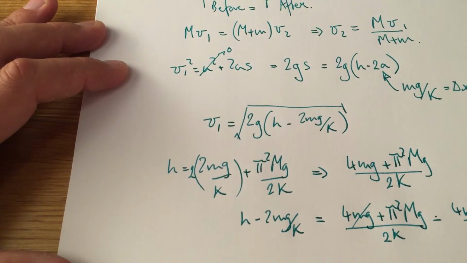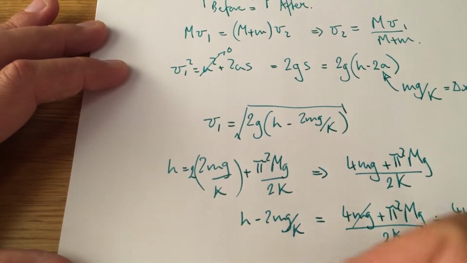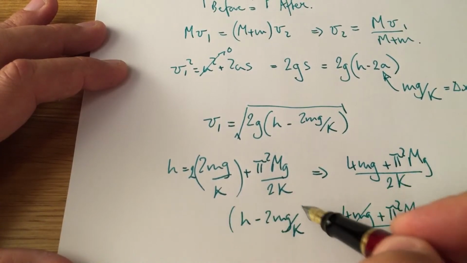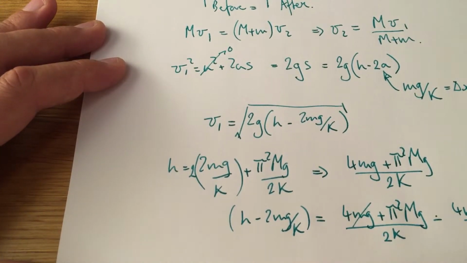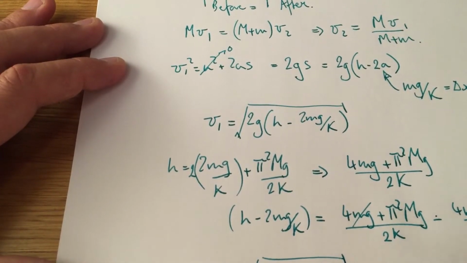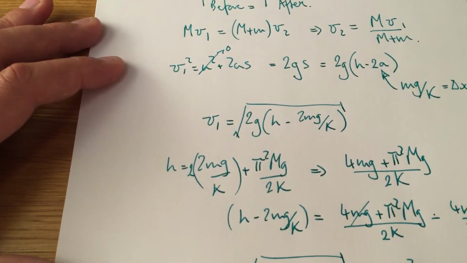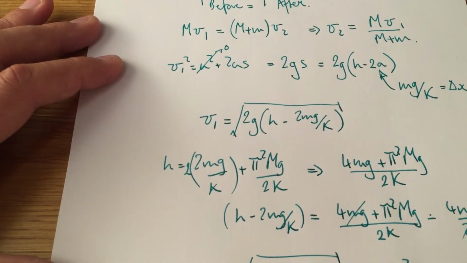So that pretty much disappears with that bit. So v1 leaves me with 2g, and in the brackets, pi squared mg over 2k. Good. Just making sure I've caught all points. Take the 2's out. So that leaves me with pi squared g squared m over k, rooted.